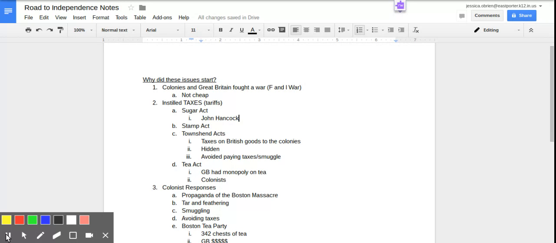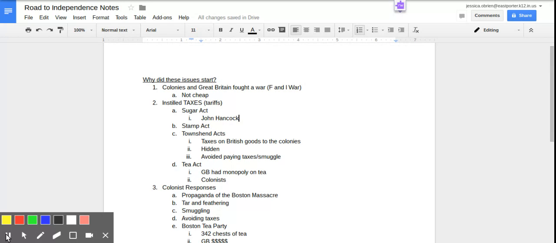I mean, colonists still helped fight the war, but they asked, why are we the ones having to pay for it? Well, people in Great Britain were like, we don't even live in Great Britain, yet our tax dollars are going to those colonists, so they should be paying for it. So Parliament decided that, you know what? We're going to instill some taxes on the colonists to help pay for the war.